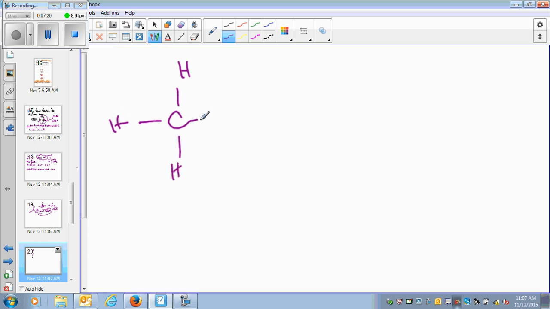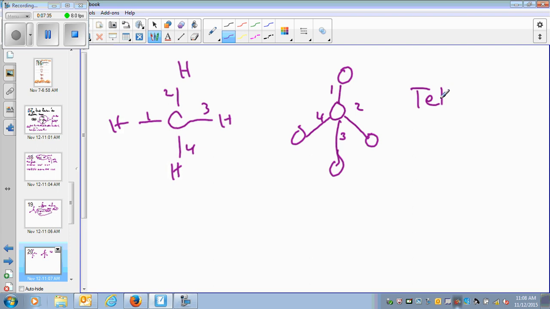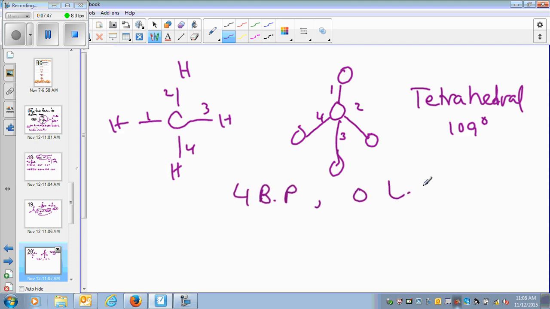If a central atom has 4 bond pairs, 1, 2, 3, 4, and again, even if there were some double or triple bonds, I would only consider it once, the shape is going to be tetrahedral, and the angle is going to be 109 degrees. Okay, so I say 4 bond pairs and 0 lone pairs. So this C doesn't have any lone pair on it.